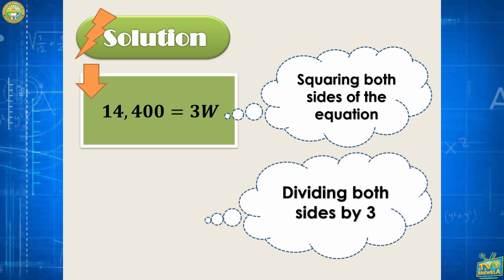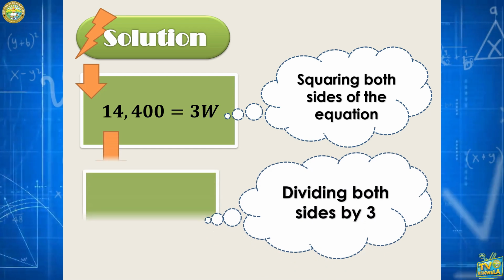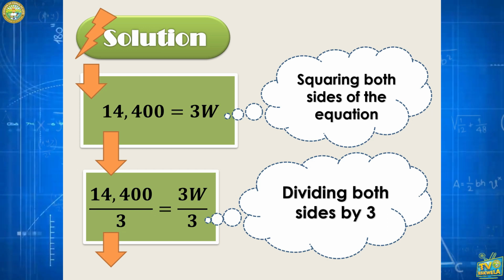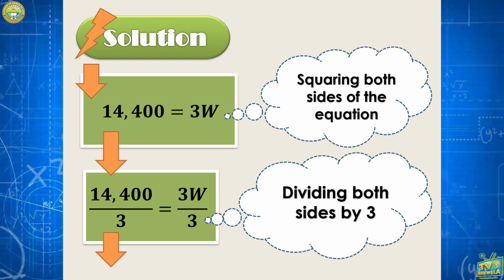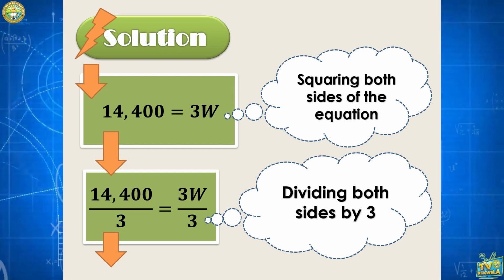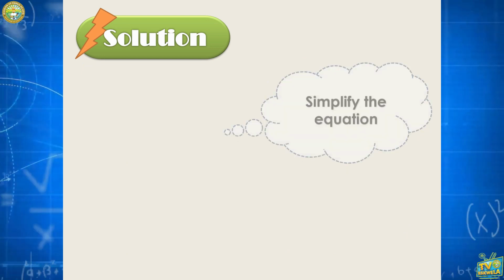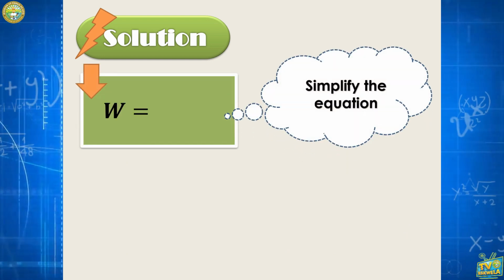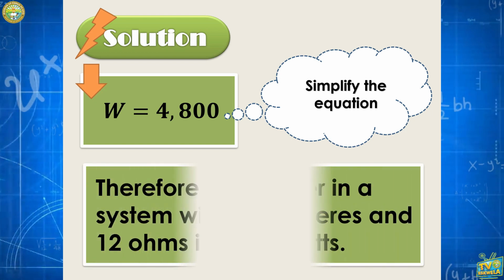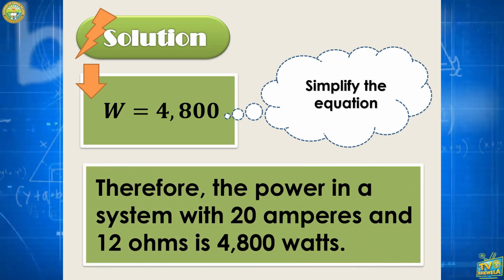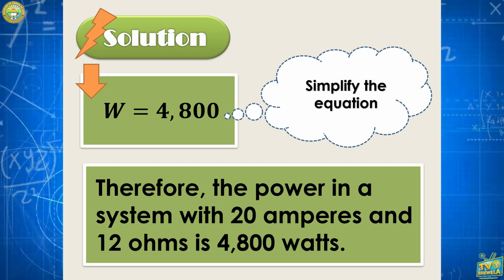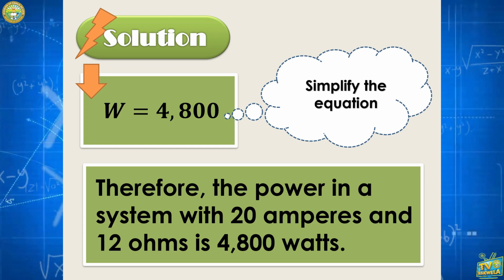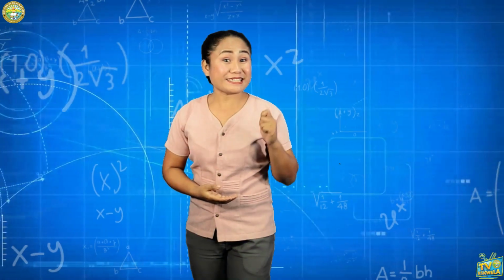By dividing both sides by 3, that is 14,400 all over 3 equals 3W over 3. This is simplified as W equals 4,800. Therefore, the power in a system with 20 amperes and 12 ohms is 4,800 watts. This is indeed very interesting.